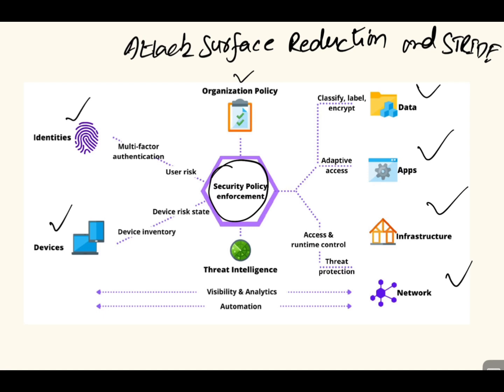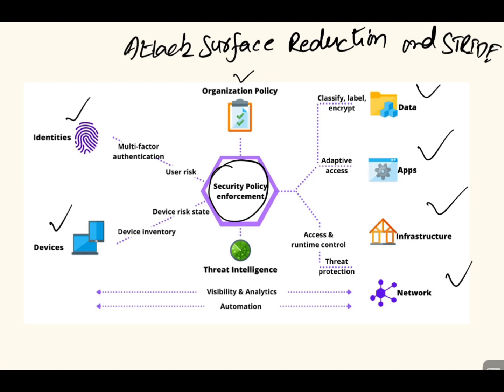Now, how can we relate STRIDE and ASR? For instance, if we talk about identities and do threat modeling using the STRIDE framework, we protect against spoofing. Then what is attack surface reduction?